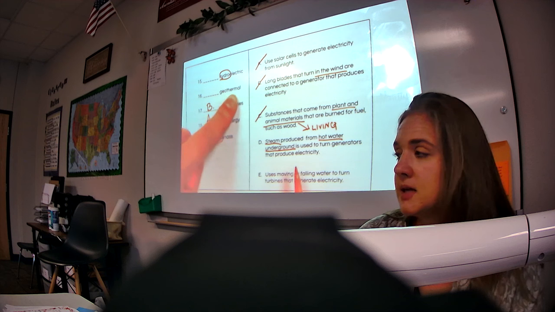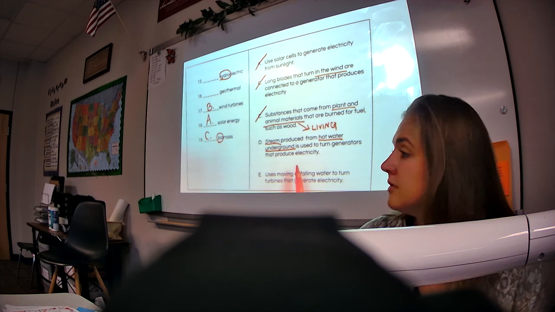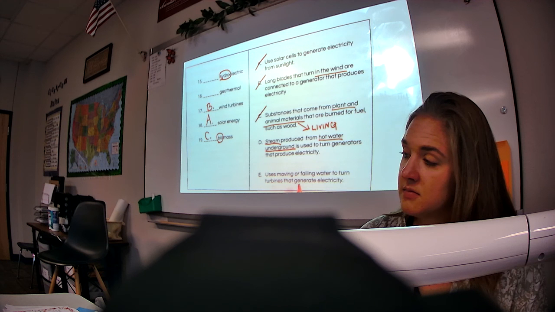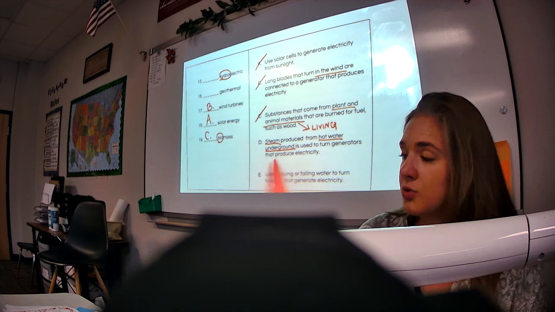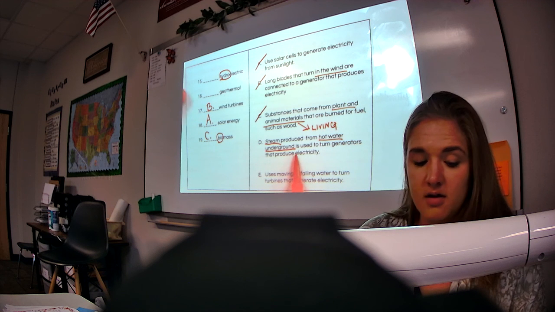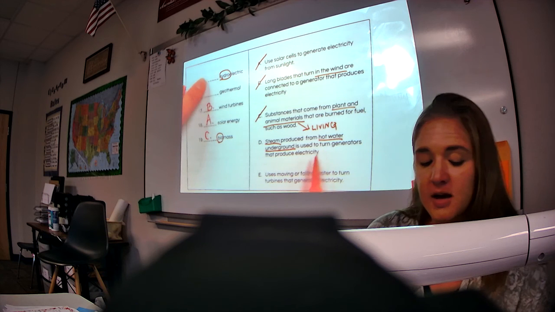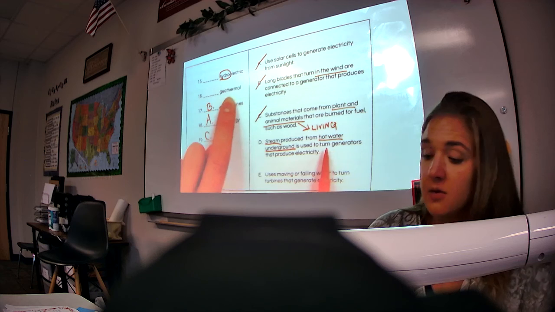Therm means heat. This is describing hot water from the ground, which is like the earth. Not hydroelectric. I know when you see water, you think hydro. But it's not talking about hot water, therm meaning heat, so this is going to be geothermal.